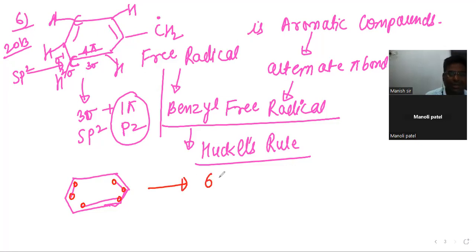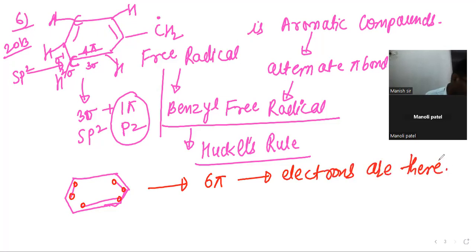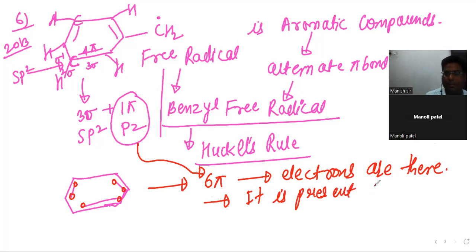So a total of 6 pi electrons are there, present in the p orbital of carbon. So this is forming the pi bond, right? So the pi bond is present in the p orbital. So right here also it is present in the p orbital, right?